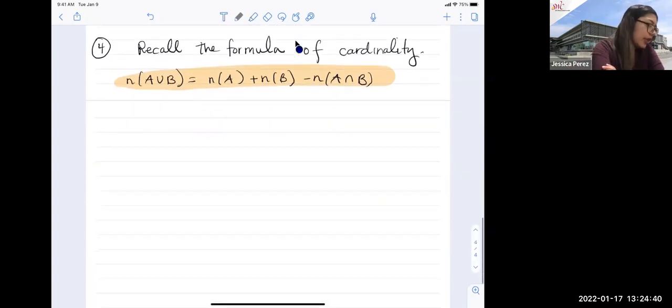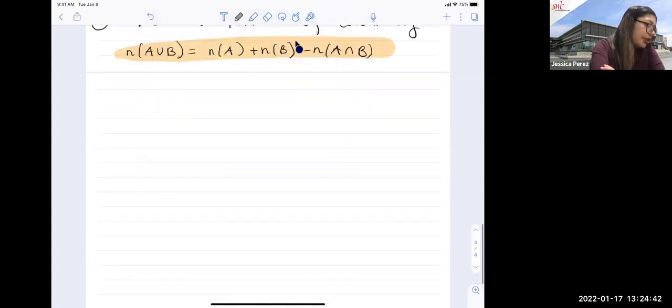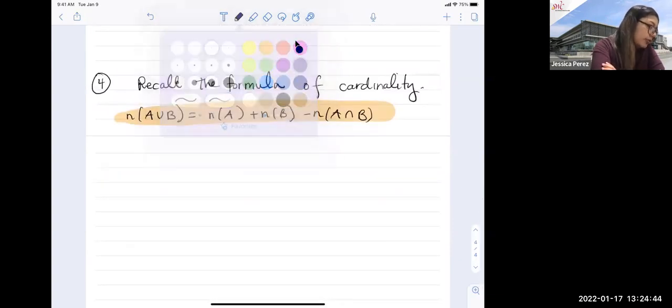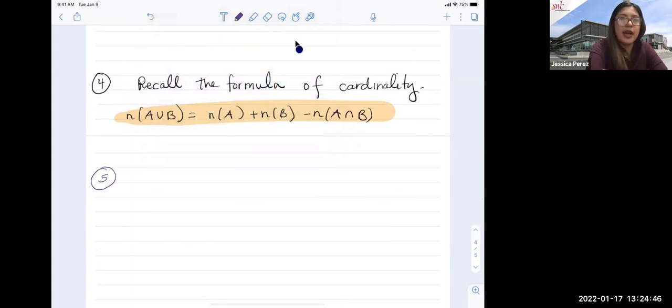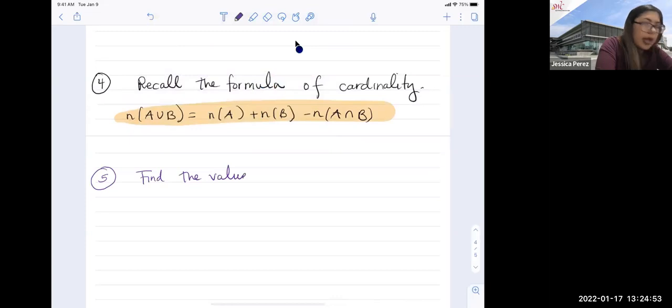Now, using this knowledge, I'm going to ask a question. Question 5. I want to find the value of the cardinality of A given the cardinality of B is 42.